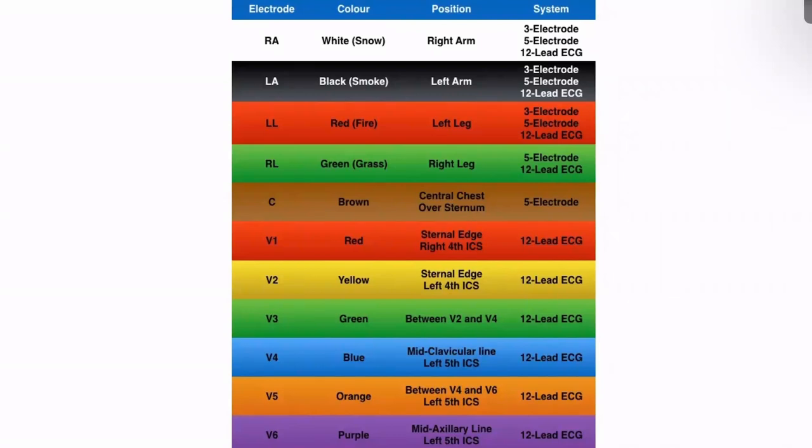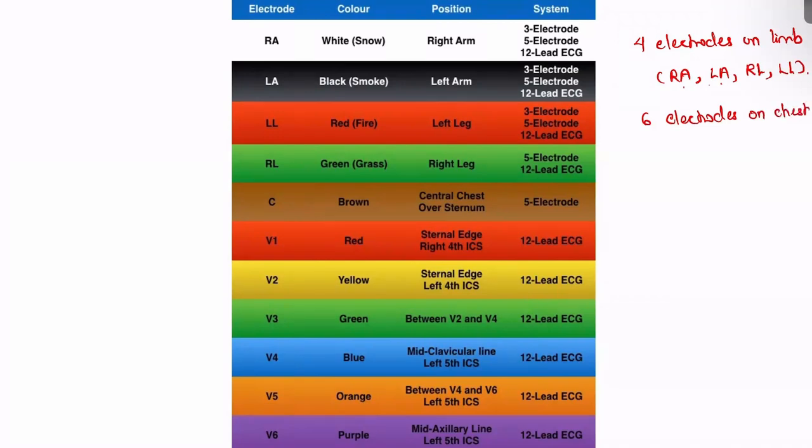Actually, to record the 12-lead ECG, there are 4 electrodes on the limbs, which we name the right arm, left arm, right leg, left leg. Okay, 4 electrodes. And there are 6 electrodes on the chest, so it is V1 to V6.